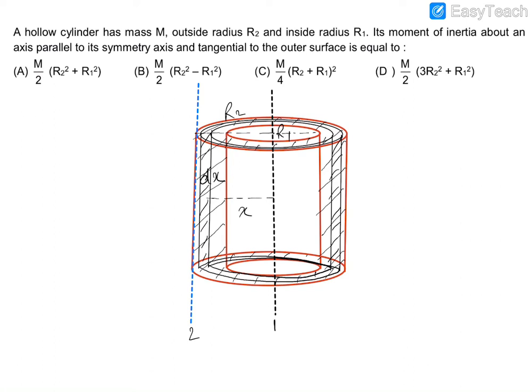So the mass of this complete cylinder is given as m, and the mass m is distributed over the volume.